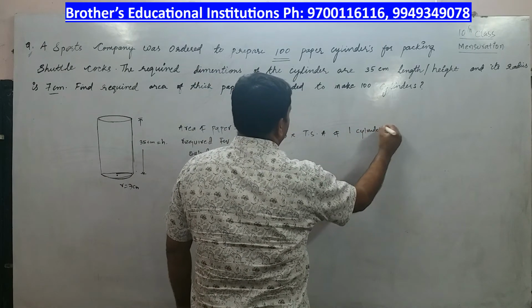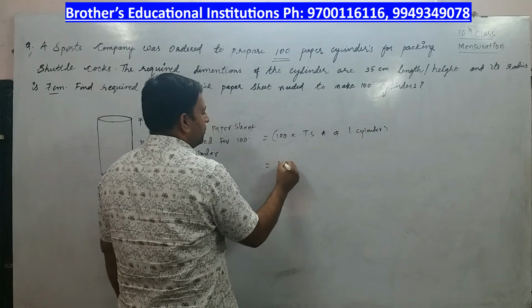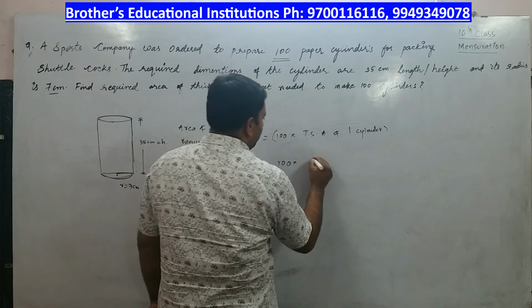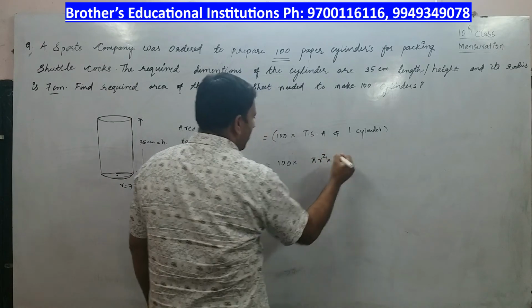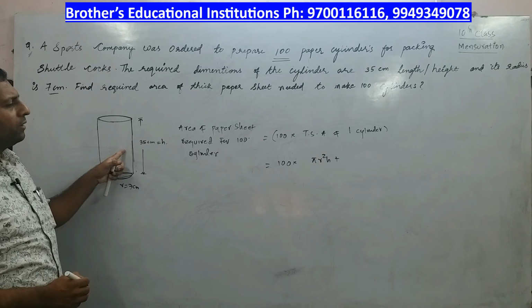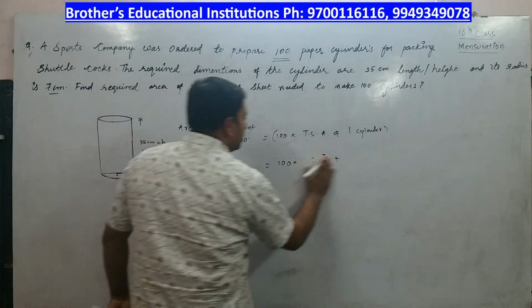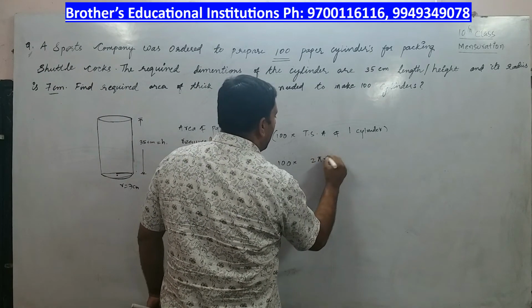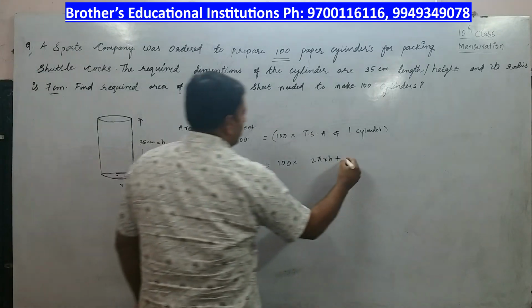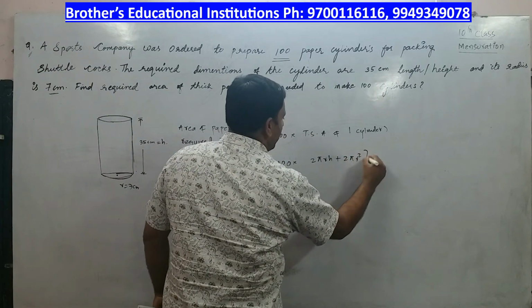Alright. So 100 into, how do you calculate the total surface area of one cylinder? It is, not pi r square h, it is 2 pi r h plus pi r square, means 2 pi r square, brackets close.